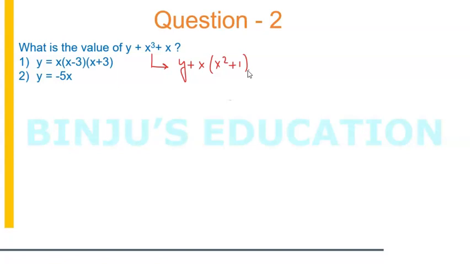The first one says y is equal to x into x minus 3 into x plus 3. Now if I want to calculate the value of y plus x cube plus x, I would require the value of y or x or some sort of a relationship between y and x which will help me further in order to calculate the value.